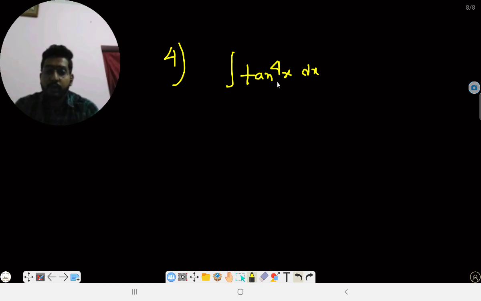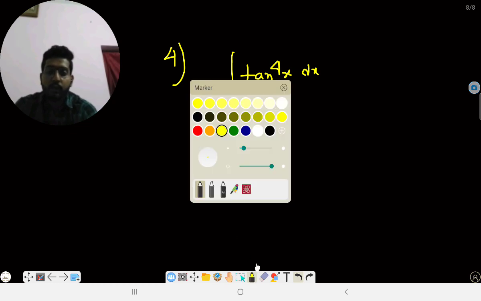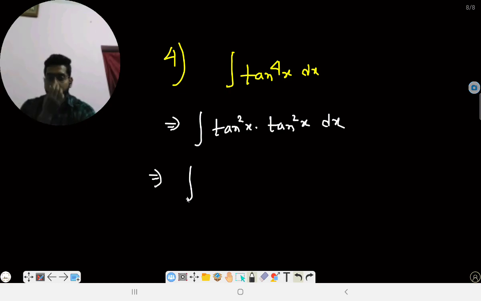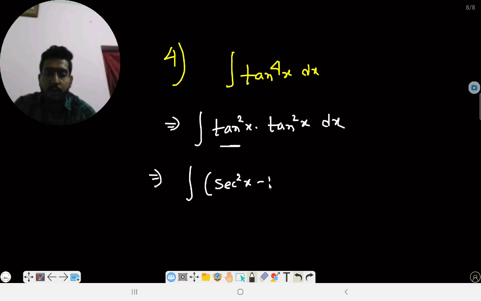So this is given: tan to the power 4 x dx. Now what will be the integration of this one? Tan to the power 4 x can be written as tan square x into tan square x dx, like this. Now one tan square can be written as sec square x minus 1, so sec square x minus 1 into tan square x dx.